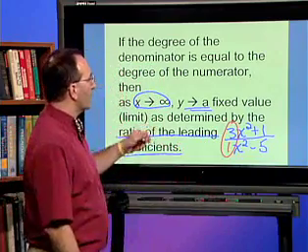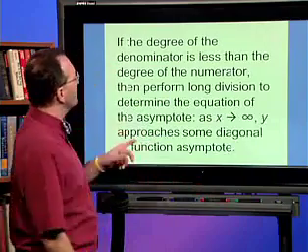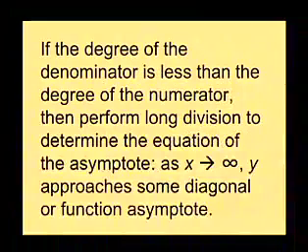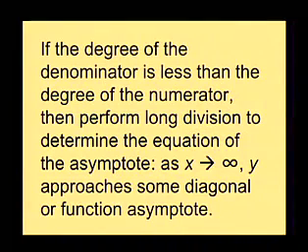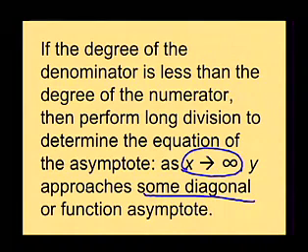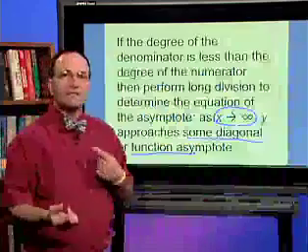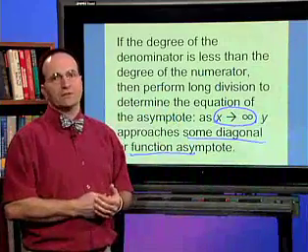One more case that I want to look at with you, and that is, what if the degree of the denominator is less than the degree of the numerator? In that case, you have to perform long division to determine the equation that is the asymptote. In other words, as x goes to infinity, y is going to approach possibly a diagonal or a function asymptote. And that'll be determined when you do out the long division.